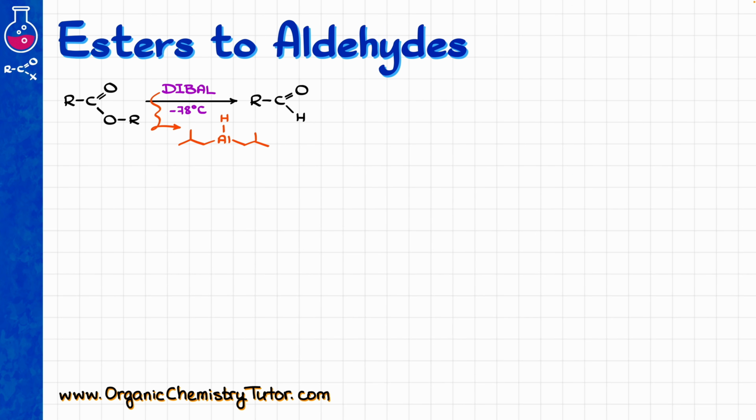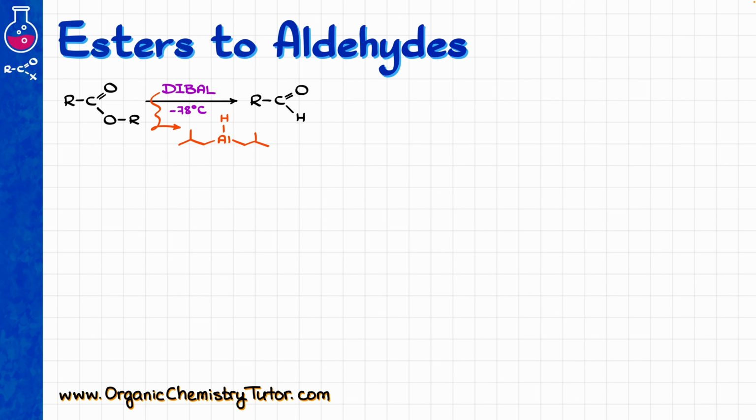So another option would be to start with an ester, which is significantly less electrophilic, and reduce it to the corresponding aldehyde. Now, in this case, we have a different type of problem. The thing is, esters are less reactive than aldehydes, which means that if we are using the hydride that is going to be reactive enough to attack ester, it definitely is going to be reactive enough to attack aldehyde.